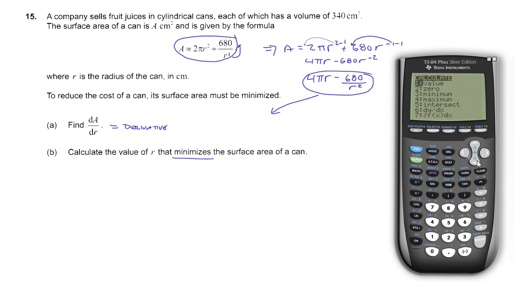Second, calculate, find the minimum, get it to the left bound, get it to the left of the minimum, enter, and then move it over to the right of the minimum, enter, enter, and there's our minimum, 3.7823. So if we round it to 3 significant figures, 3.78.